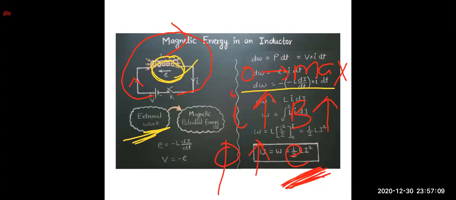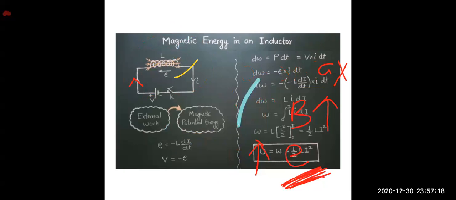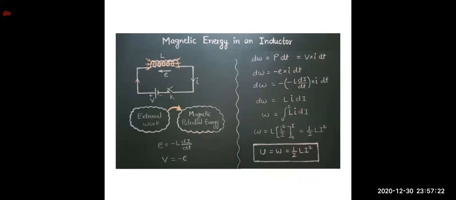This external work done by the battery will be stored as magnetic potential energy in the inductor. Now, this magnetic potential energy stored in the inductor is equal to the work done by the battery to maintain the current in the circuit.